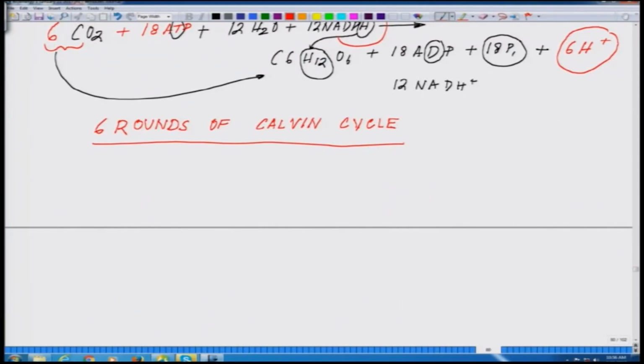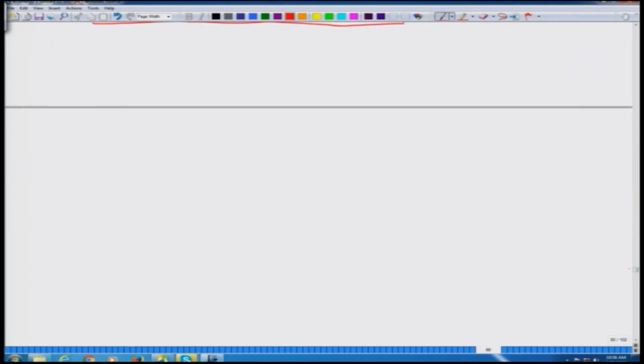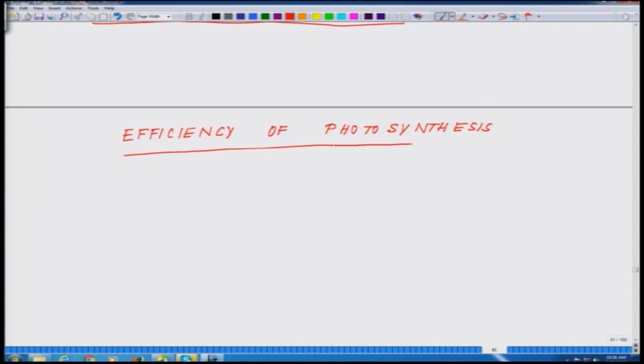Now, I will add 2-3 more things before I conclude this part: what is the efficiency of photosynthesis, and how it is being evaluated. This will be very relevant to our next topic, where we will be talking about the C3 and the C4 plants and how the rubisco oxygenase activity is being countered in high temperature, where because of the high temperature the photorespiration increases.